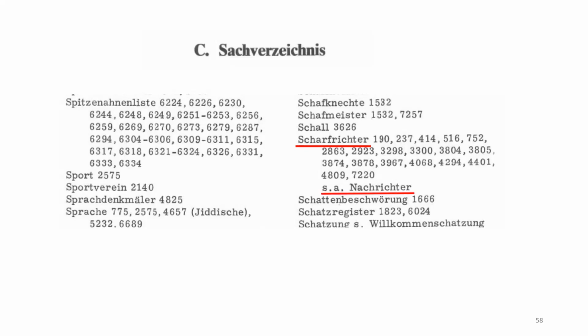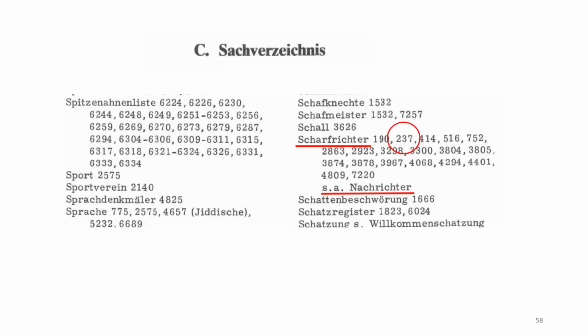There is a reference to another name of executioner. It's called the Nachrichter. So the first legal judge sentences a person to be executed. The Nachrichter is the next judge, rather the executioner, that comes after and carries out the execution.